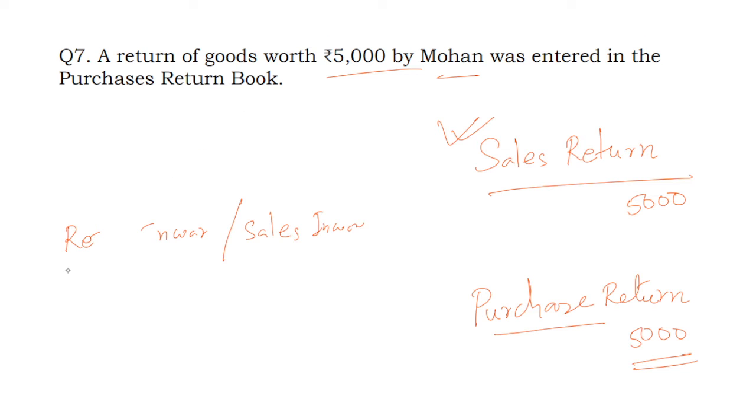It is clear to you all that it is a sales return case because goods are returned, but it is recorded in the purchase return instead of sales return. So what is the net impact?